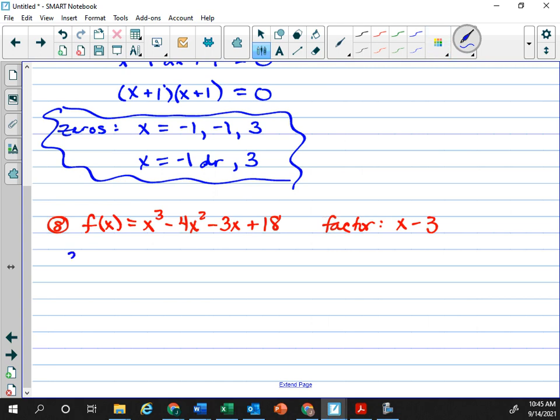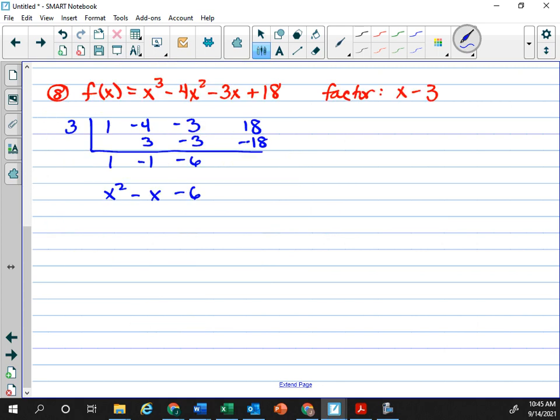All right, so first, dividing by 3. All right, so when I factor this, remember I'm setting it equal to 0.